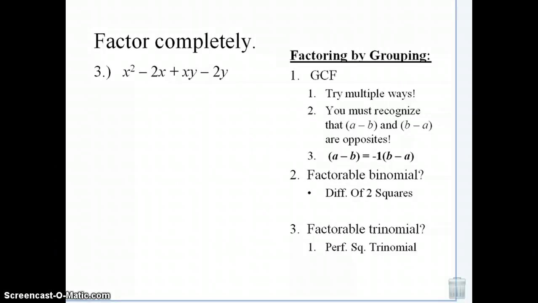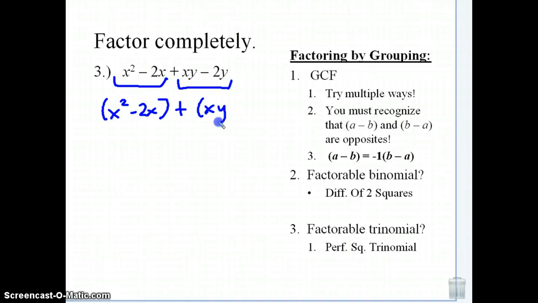Okay, so I'm initially going to try this 2 by 2. I'm going to group them in the order that they have here, and I'm going to think x squared minus 2x plus xy minus 2y. This may or may not work, but we have to try. So when I look at my first term, is there a GCF? X. Nice job.